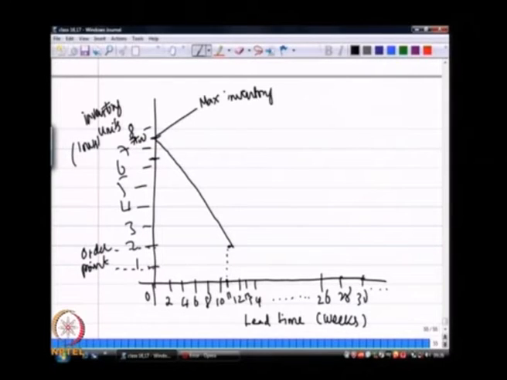I will have to order, because it takes 2 weeks for me to, this is the lead time. This 2 weeks is my lead time. On this week axis, it takes 2 weeks for me to get my 1000 units of inventory.